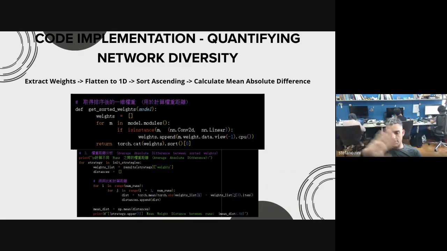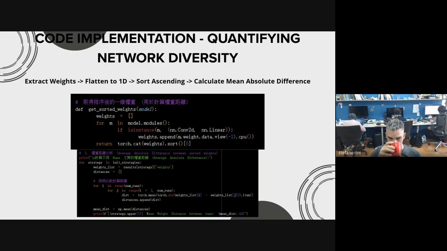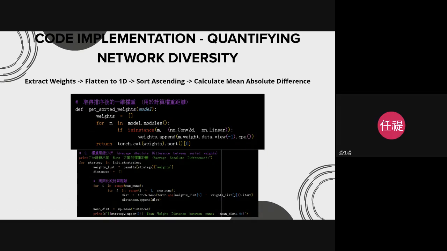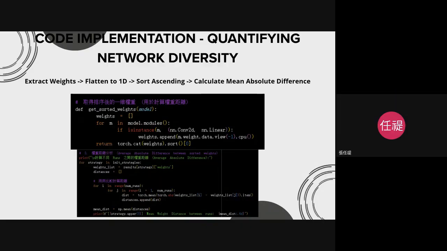You don't need to rush. You can take a couple of seconds to think about it. I don't know. Sorry. Take your time. Okay. So next page.